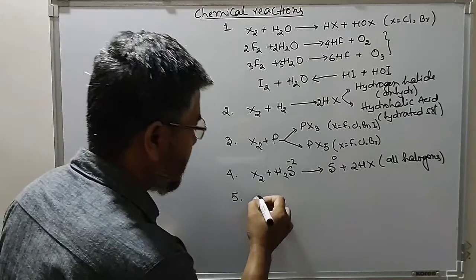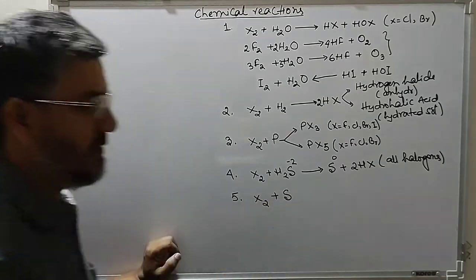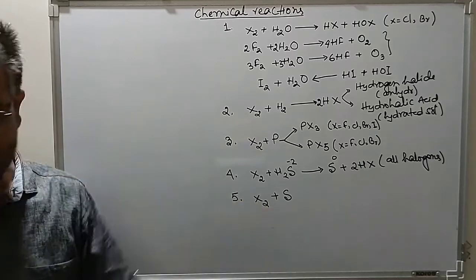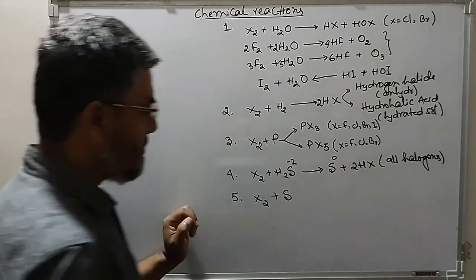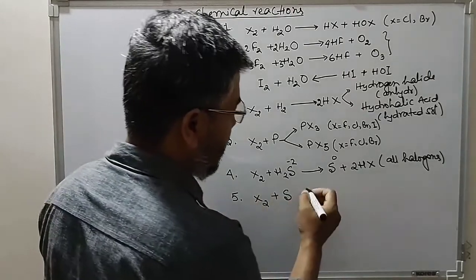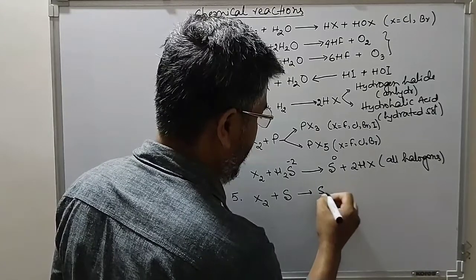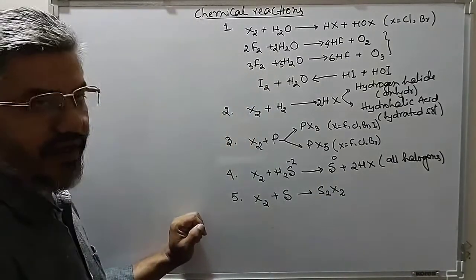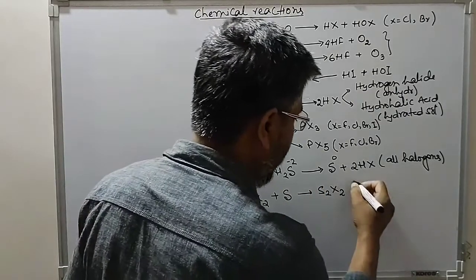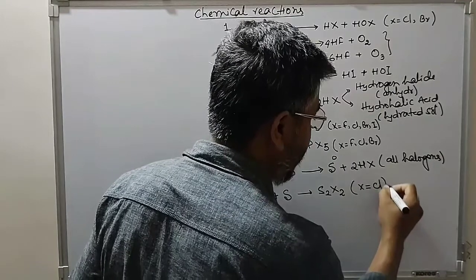These halogens also react with sulfur. The reaction of halogens with sulfur: halogen reacts with sulfur to give you S2X2. This is given when X is equal to Cl.